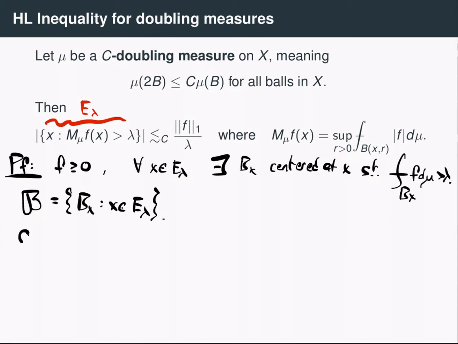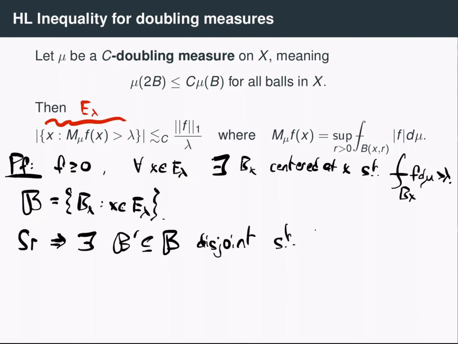So the 5R covering lemma implies that there exists a smaller subcollection B prime of disjoint balls such that, recall that E lambda is contained in the union over balls in this collection.